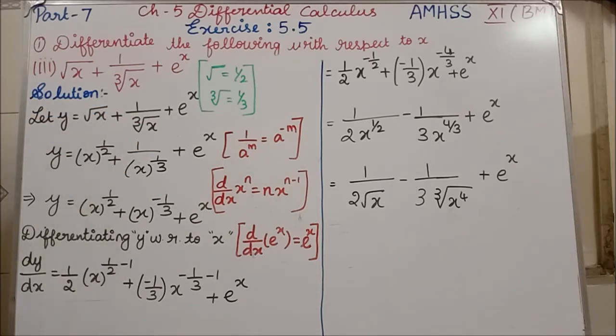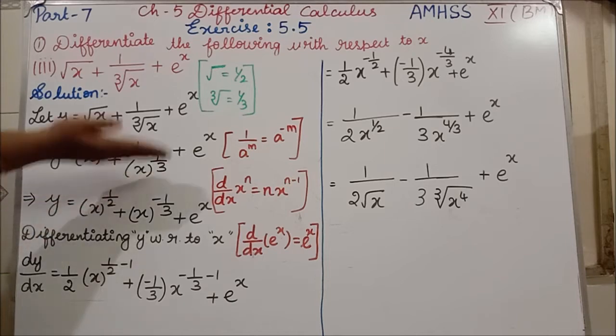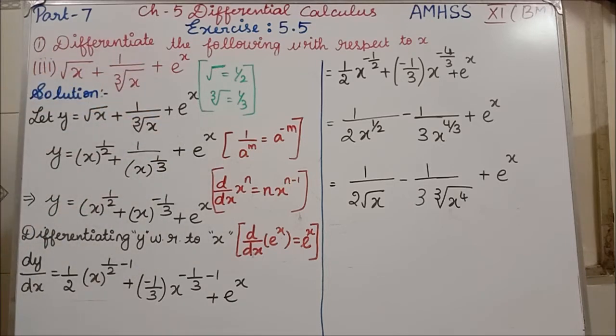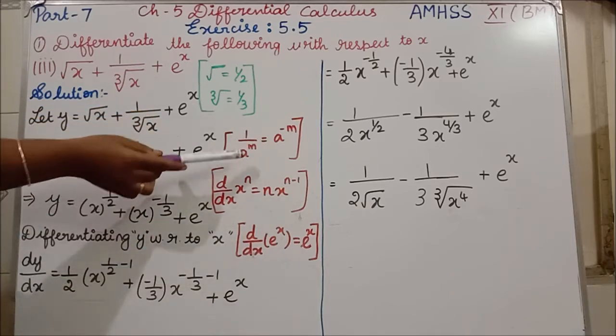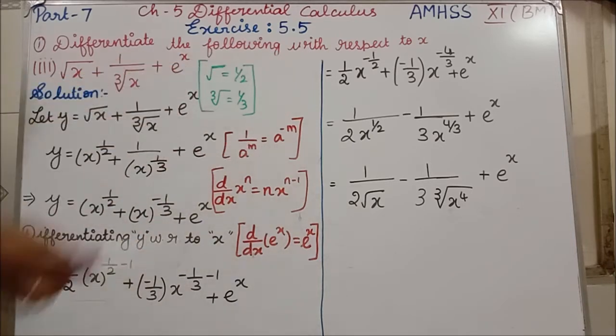Next, there is still one more step: y equal to x power 1 by 2 plus this x goes to the numerator. I told you in the second subdivision itself, if you want to take the power from the denominator to the numerator, it becomes negative.